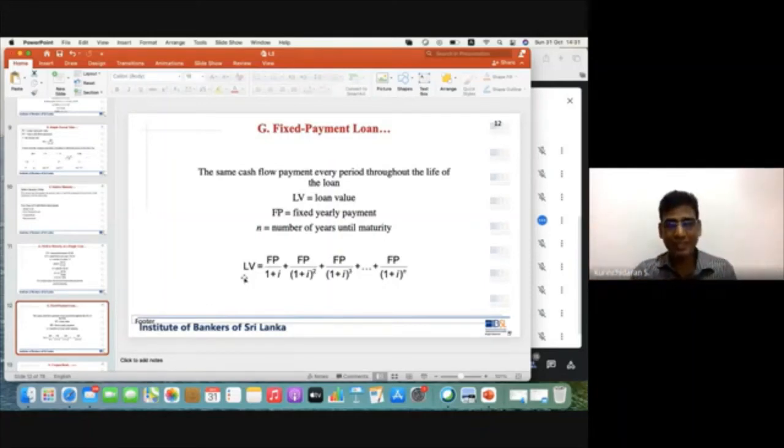Assume that, because I don't have anything to draw the calculation on. Whatever you have lent to the customer and the present value of the future payments are equal. You didn't lose anything. There's no impairment, no loss of value in your loan portfolio.